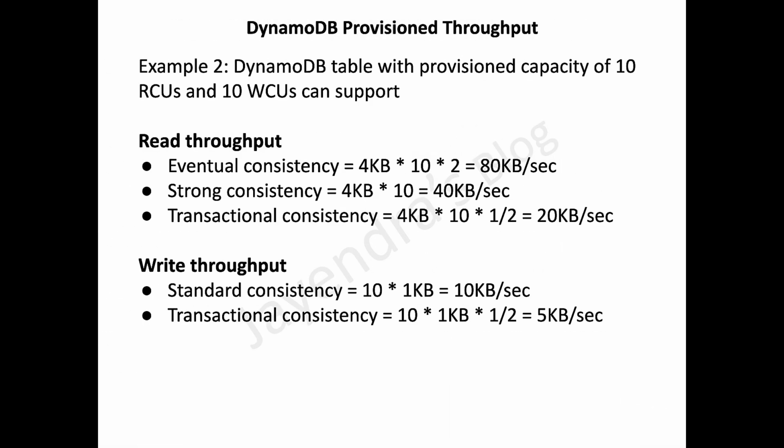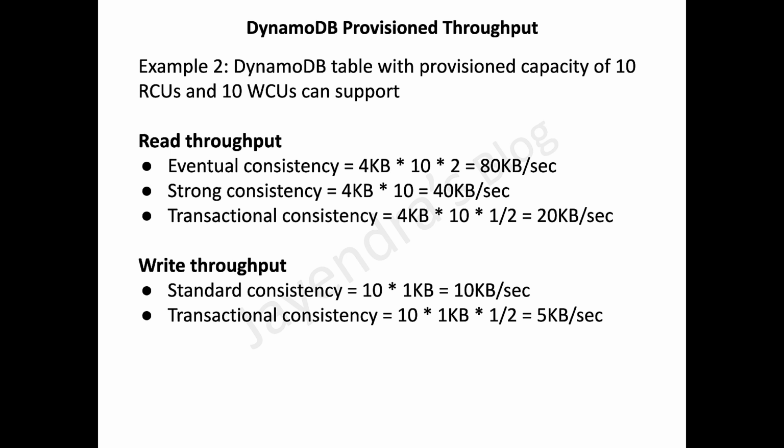Let's go through another calculation example. We will calculate the capacity supported for a DynamoDB table with a configured provisioned capacity of 10 RCUs and 10 WCUs. For read capacity, with eventual consistency, we can read 80 KB of data per second.